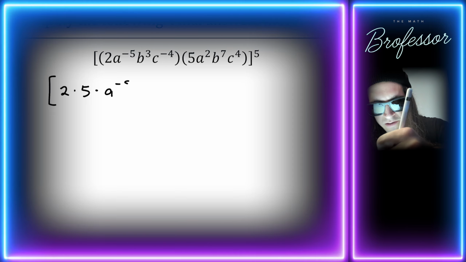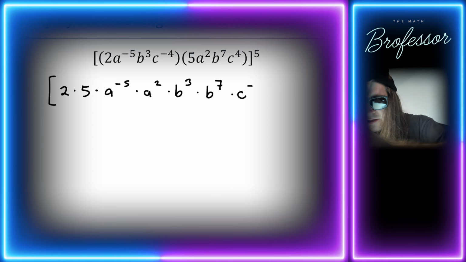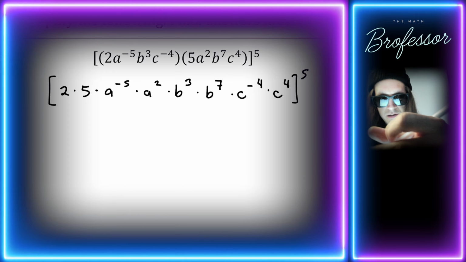You can do a to the negative 5 times a squared. b cubed times b to the 7th. c to the negative 4, c to the positive 4, 5 on the outside. That's what this means. Spread out and rearranged: your A's with your A's, your B's with your B's, and your C's with your C's.